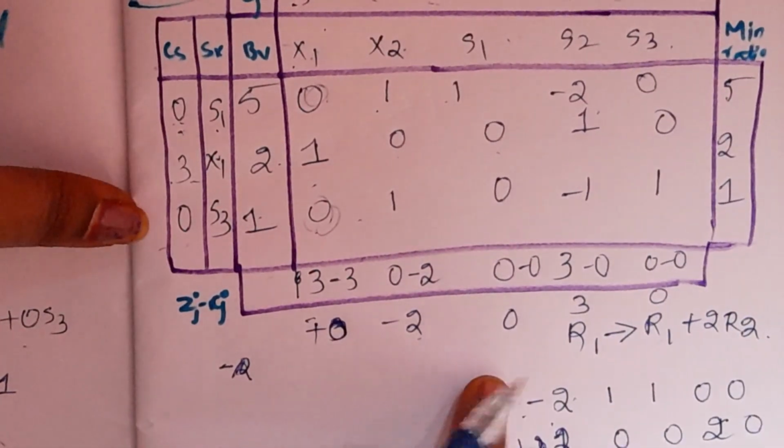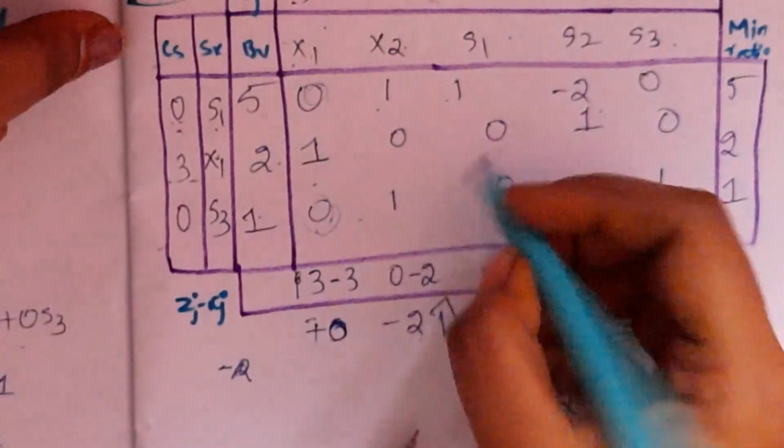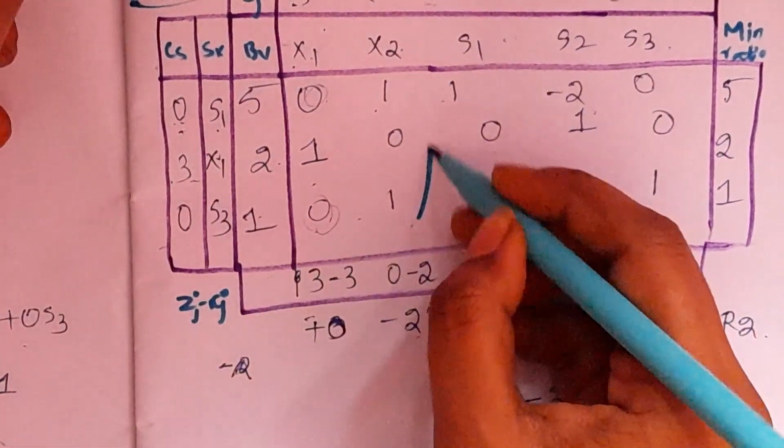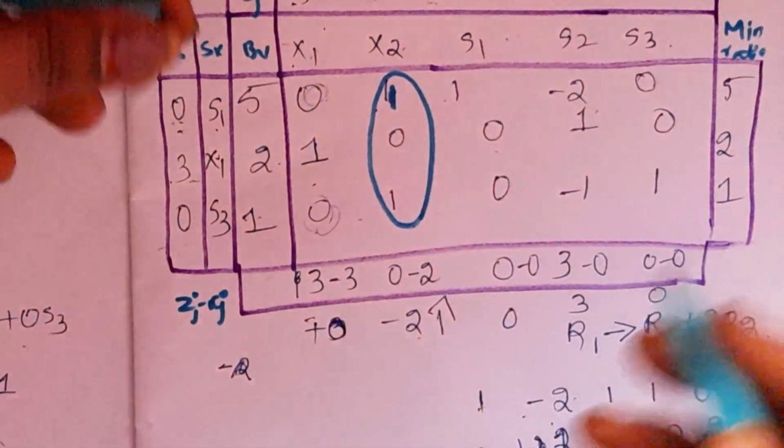Here, which one is the most negative value? This is. So this column becomes the key column.